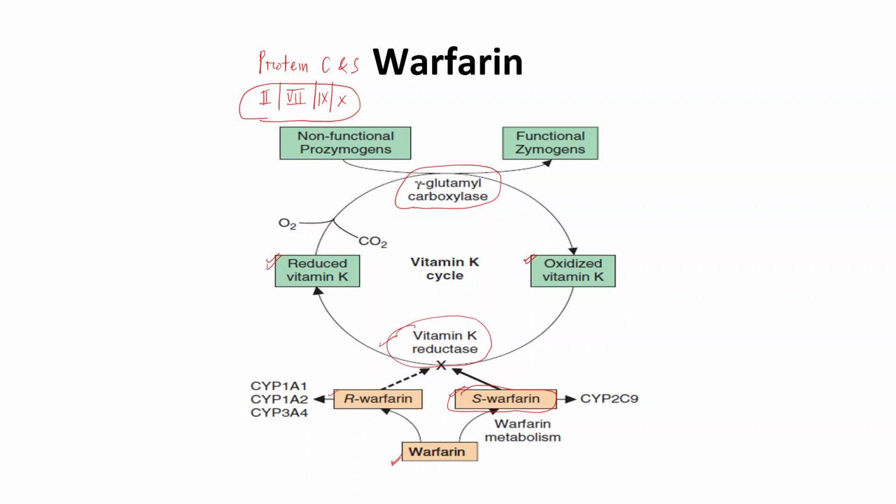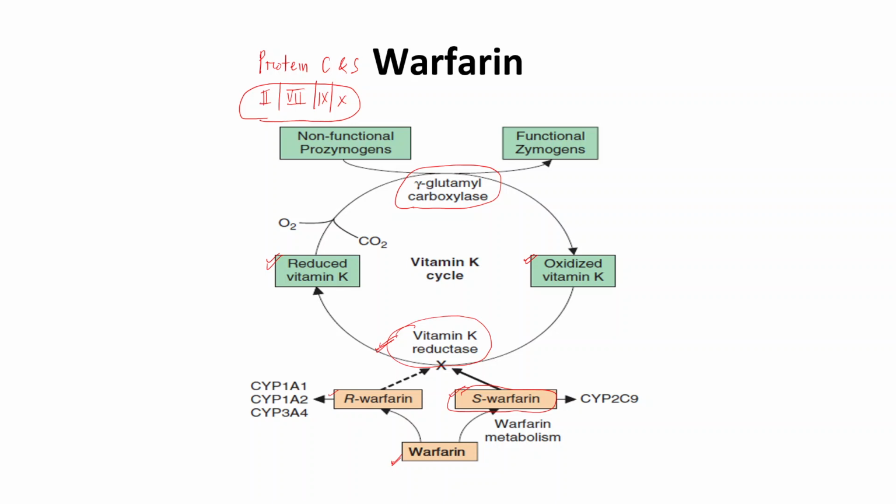Now, what is the function of warfarin? Warfarin will inhibit this vitamin K reductase, and that is the mechanism of action of warfarin. As I said, the S isomer of warfarin is the most important form that causes inhibition of vitamin K reductase.